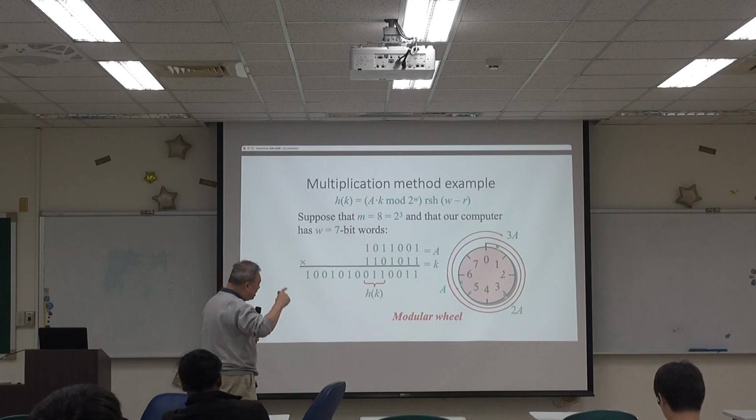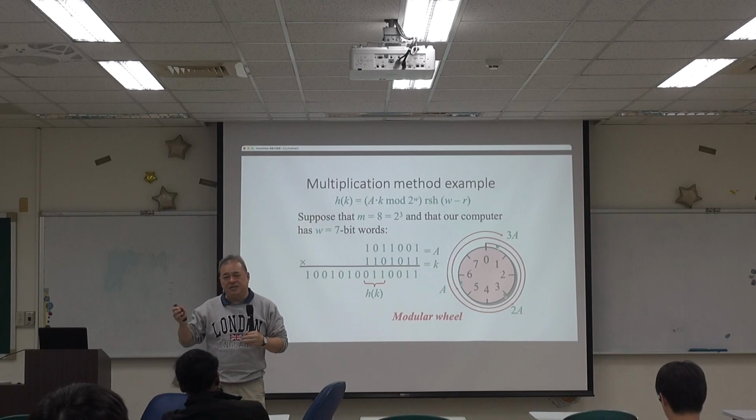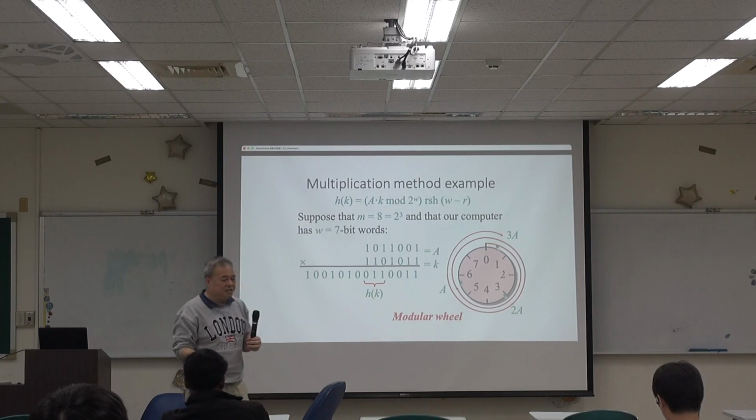Your computer has a word size of 7 bits. Of course, I know no computer is designed with a 7-bit word, but bear with me, just assume that this is the case.